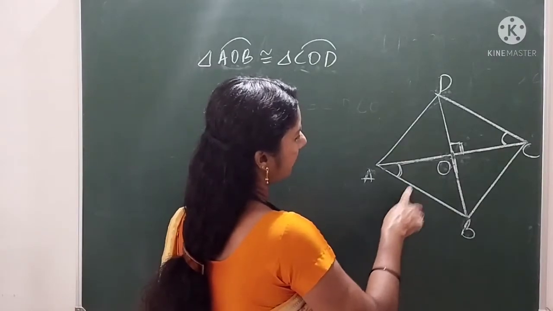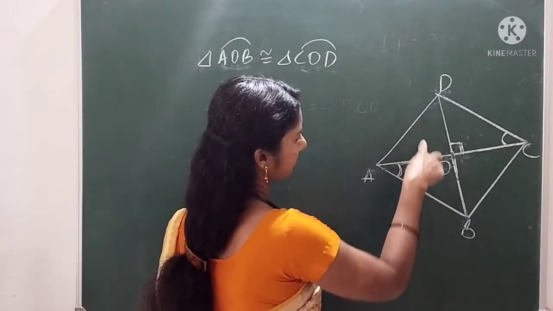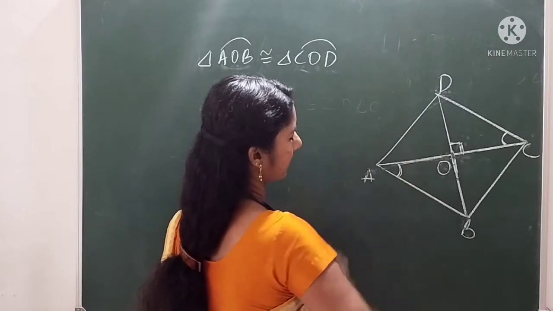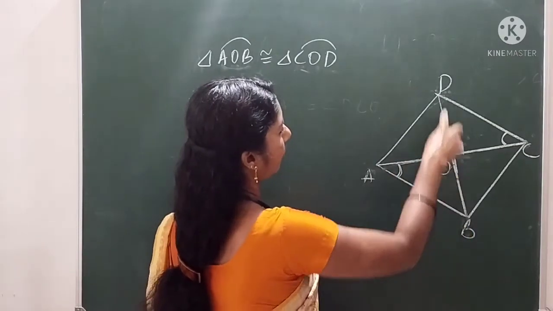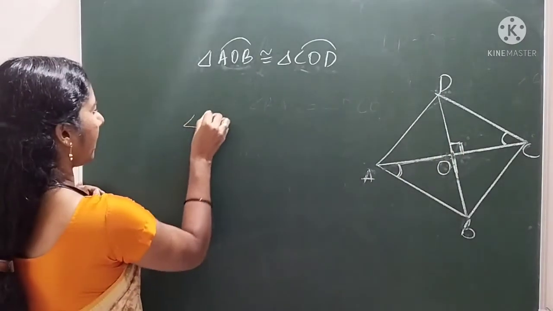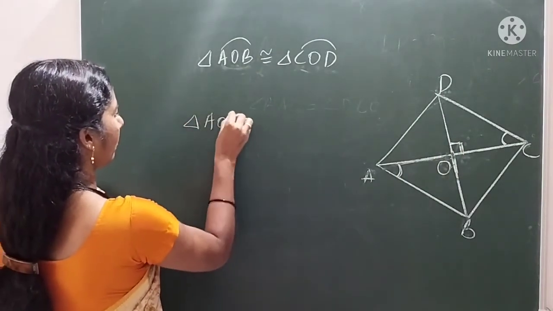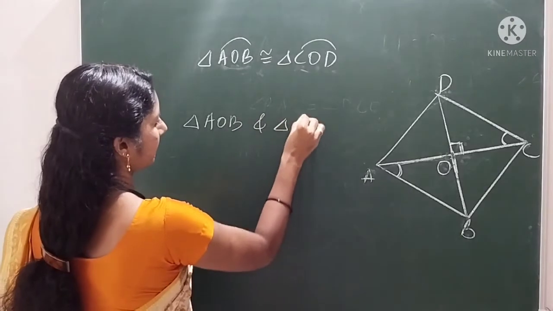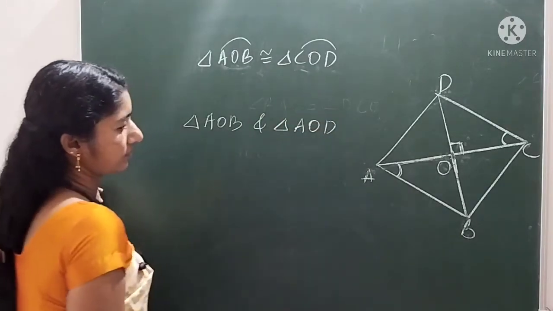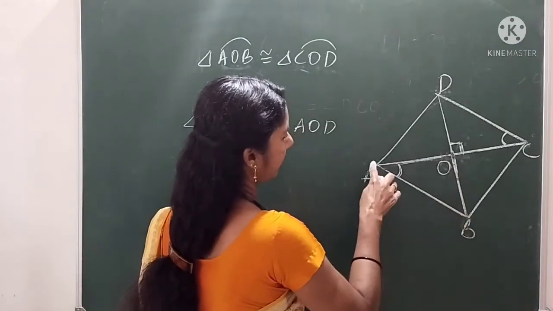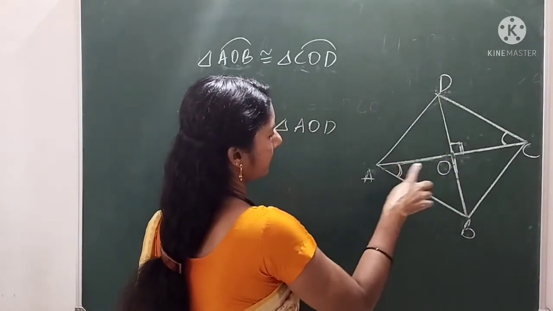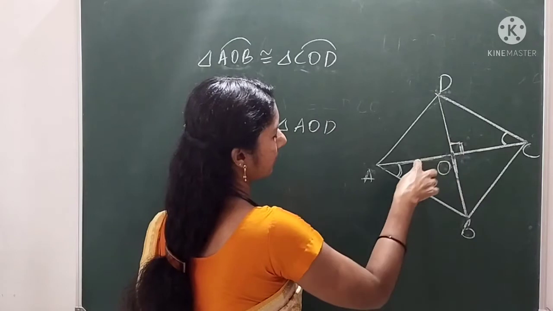Now see, take these two triangles, AOB and AOD. What can you say about AOB and AOD?